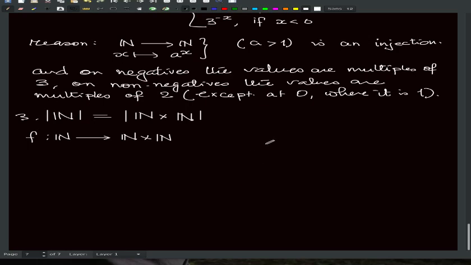So what are you doing? 1, 2, 3, 4, and so on. And then on the second row we have got 1, which is 4, which is a square of that one, 9, and 16.